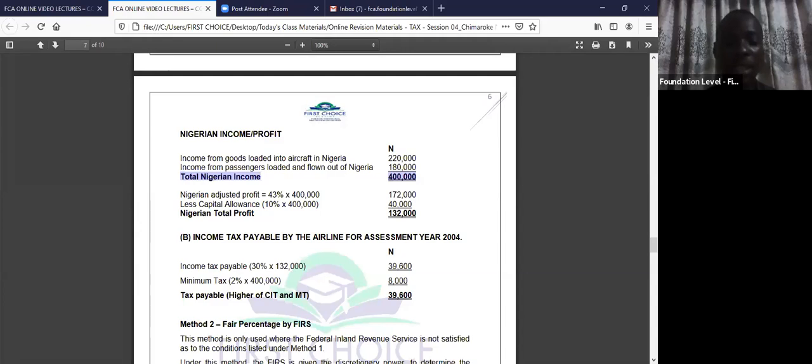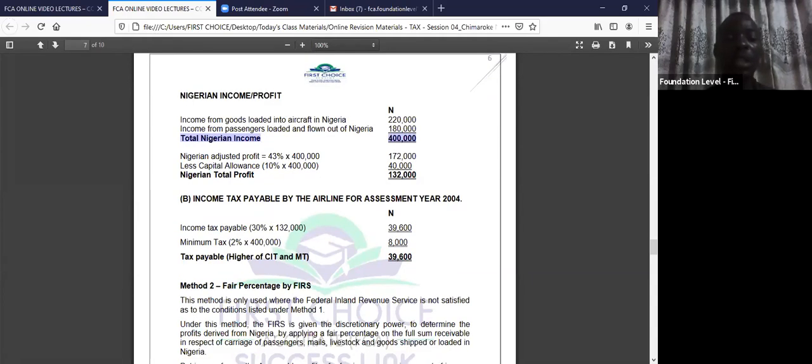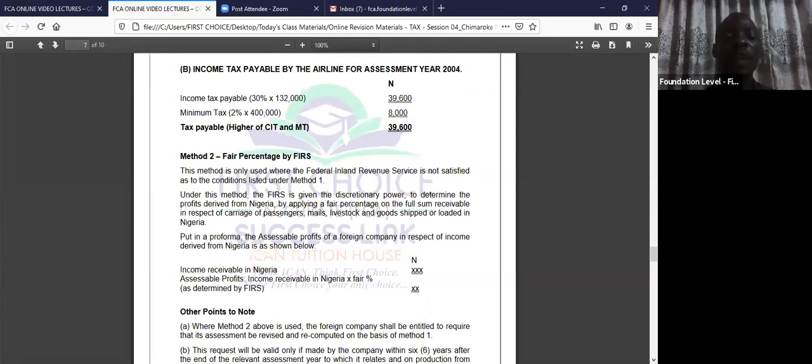Now, the second method is the fair percentage rate method. They use this when they are not satisfied that the conditions under method 1 are agreeable to them.